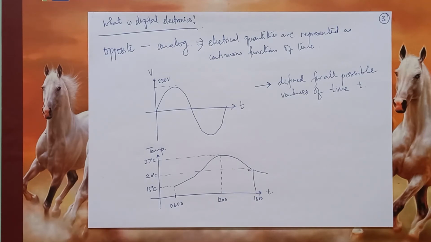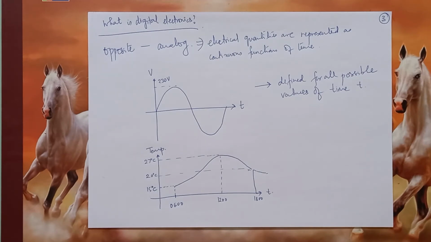So these are some examples where we have electrical quantities that are continuous functions of time. And suppose we would like to measure them. The voltage can be very easily measured with voltage sensors or multimeters, whereas temperature sensors are also very widely available, and these are ideal for analog systems.